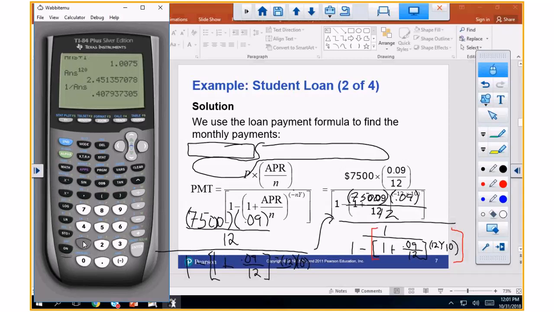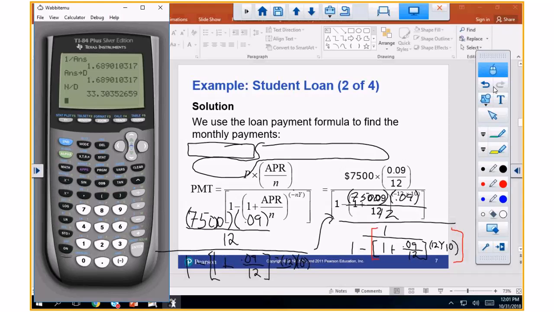So that's 1 minus second answer, and that's going to be 0.59, and that's going to be over that. So 1 divided by inverse answer is going to be 1.689. Okay, so I'm going to stow that in alpha D for denominator. And now that's alpha N divided by alpha D. And your monthly payment is going to be $33.30.